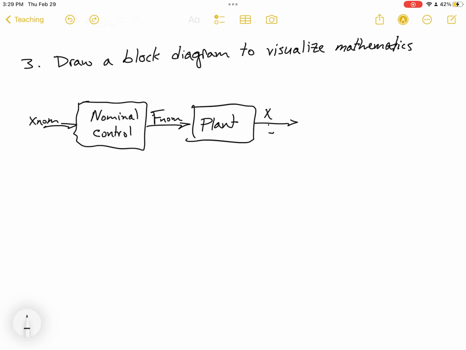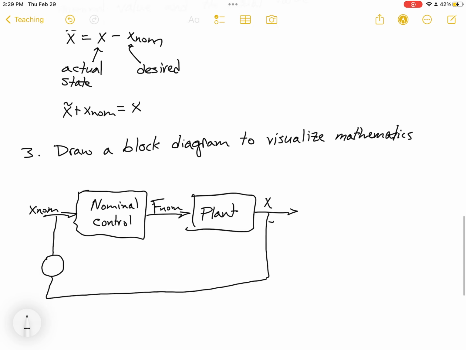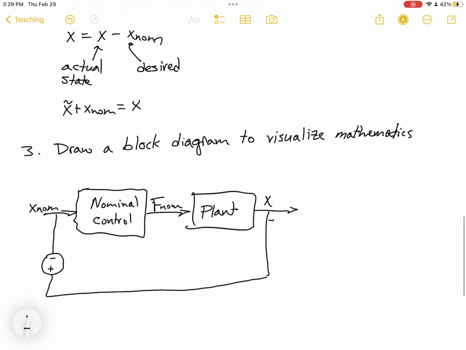So we take this output and we take this signal or the value of x back and we combine it with x nominal in what's called a summing junction. So if we have a circle, that usually means the two values are being summed. And because x tilde is equal to x minus x nominal, I'll just put a minus here and a plus here. So that means that we take the value of x from the bottom, positive, and we take the value of x nominal from the top, and it's negative. And what comes out of that is x tilde, or our error.